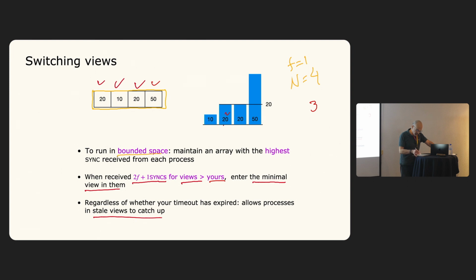Why? Because this one is 20, this one is 20, this is 50. So definitely these processes have reached 20. So it's safe to enter 20. They vote for a view of at least 20. If 20 is also greater than the view I'm currently in, then it is okay to jump directly to this view and catch up with the rest.